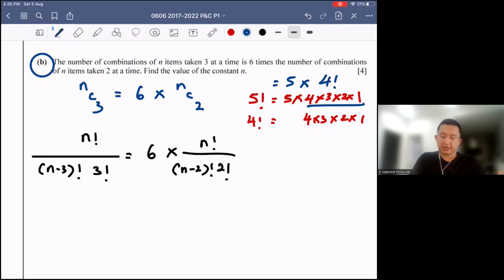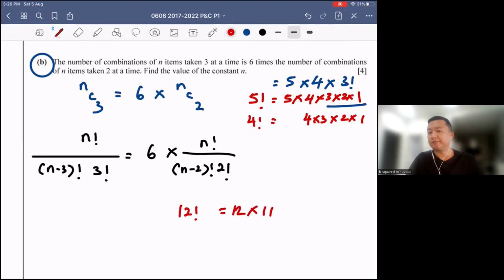If I don't want to, I can also change it to 5 times 4 times 3 factorial. So the idea is, whenever I start with 12 factorial, I can change it to 12 times 11, then minus 1, it'll be 10, and minus 1, it'll be 9. If I want it to stop, I can just put a factorial.